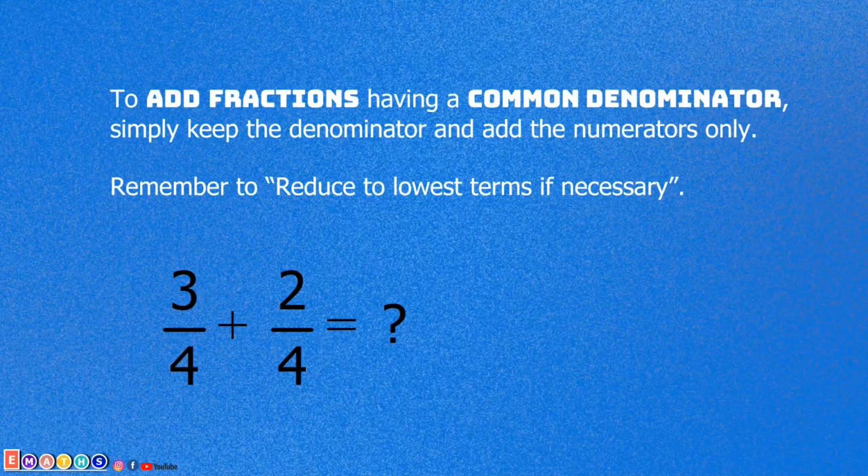Since both our fractions have a common denominator, we will simply add the numerators together and keep the denominators unchanged.